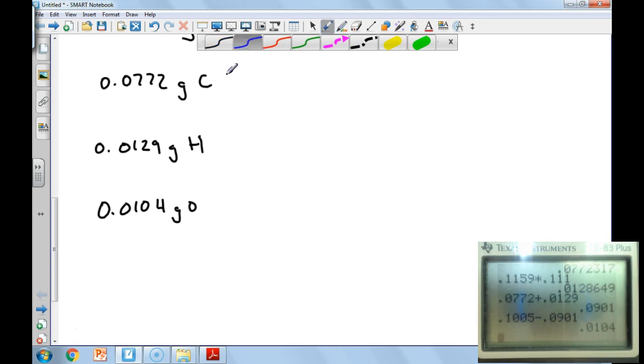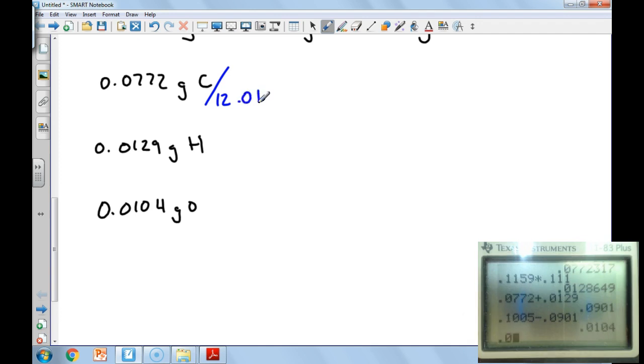So I'm going to take this and divide it by carbon's molar mass. So I get 0.0772 divided by 12.01, and I'm going to get 0.00643.